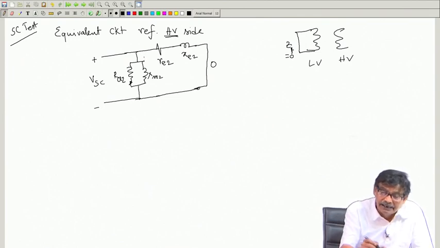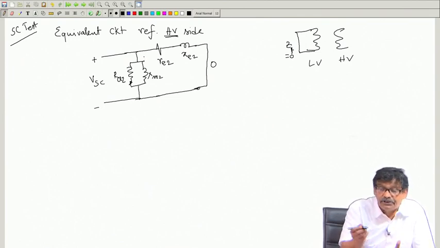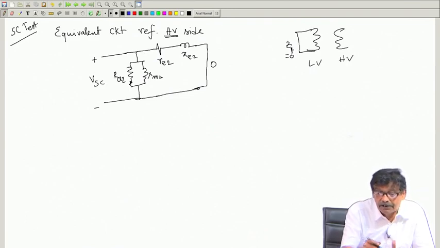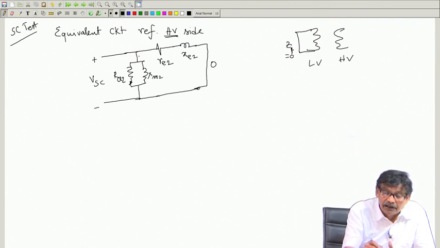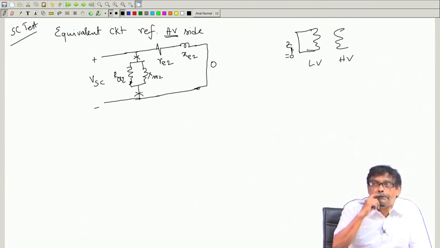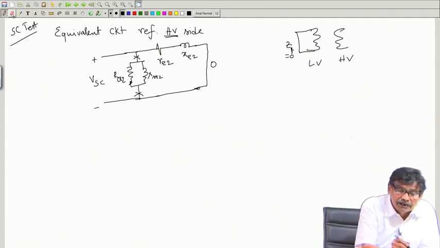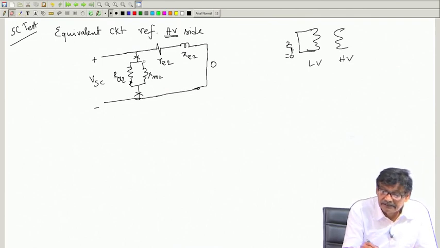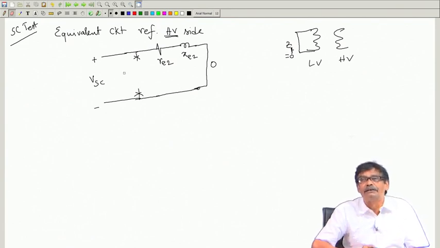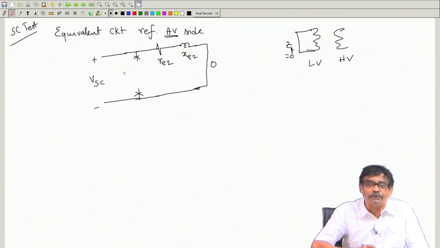Therefore, in essence what I am telling is, during the short circuit test this impedance is quite small compared to this. So, this branch can be removed, approximately. So what I am telling is, this branch is as if it is not there. The parallel branch can be shown to be not present.